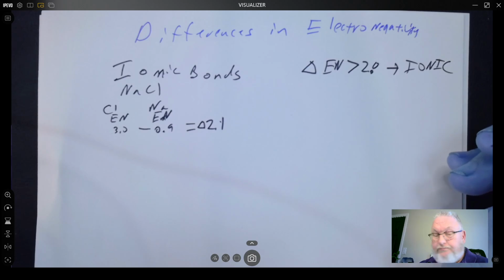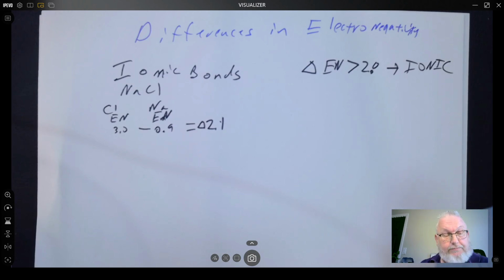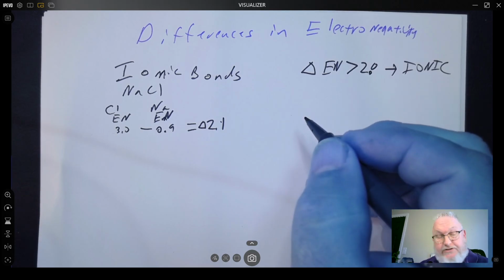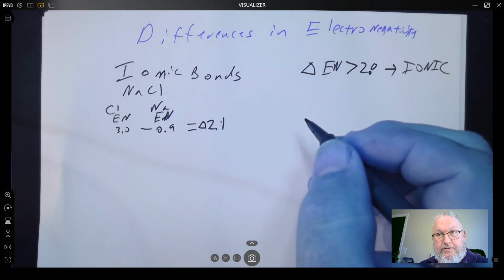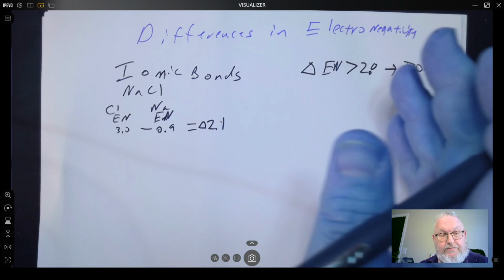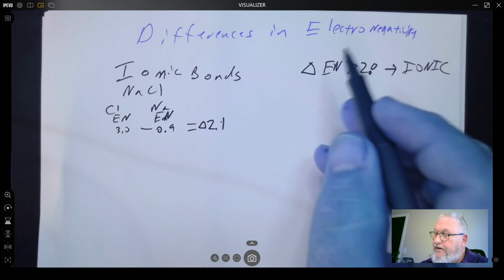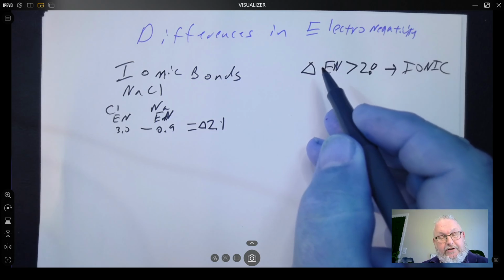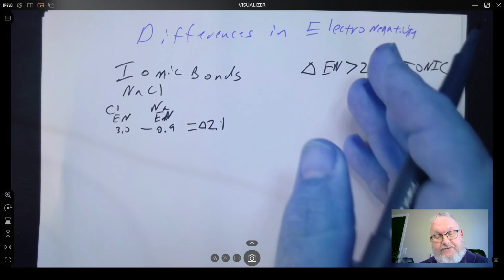If it's less than 2, then it's going to be covalent of some sort.